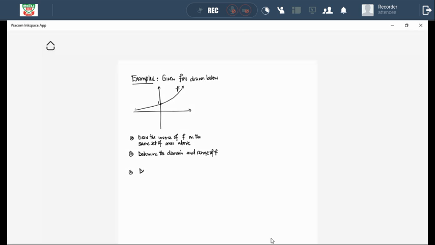C, determine the domain and range of f inverse.